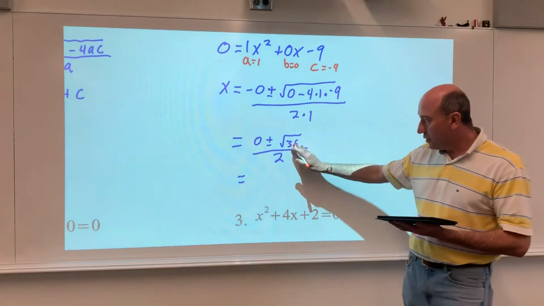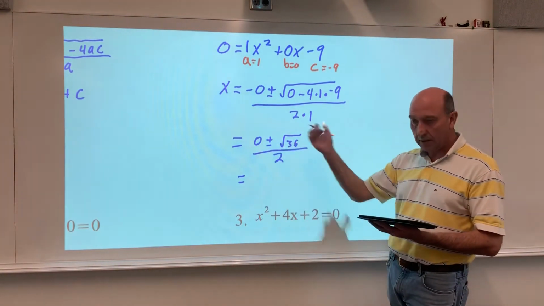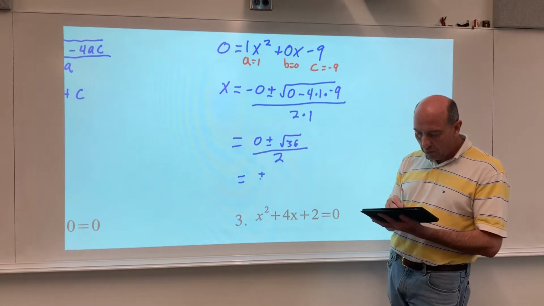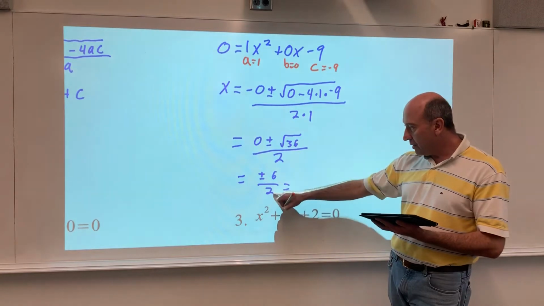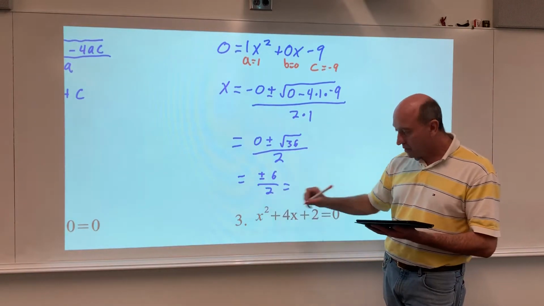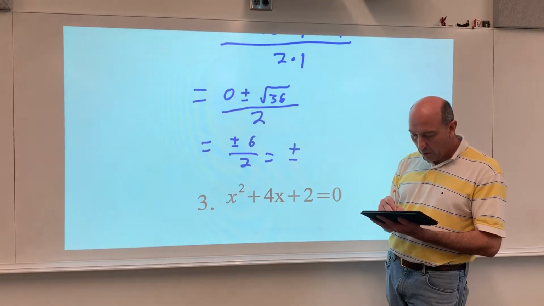Okay, the square root of 36 is 6. 0 plus or minus 6. Well, 0 doesn't matter. So we have plus or minus 6 divided by 2. 6 divided by 2 is 3. Negative 6 divided by 2 is negative 3. So we get plus or minus 3.